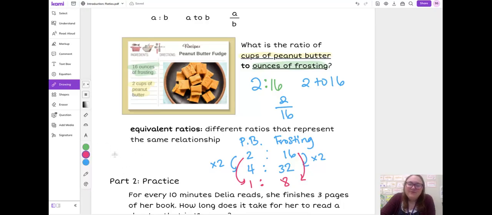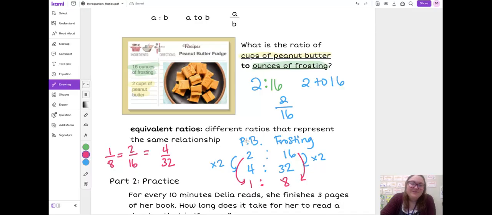I want to point out this is very similar to the math we did when we talked about equivalent fractions. 1/8 is equal to 2/16, which is equal to 4/32. It's the same math. The difference is with fractions, that bottom number represented your total. Here, each number represents something.